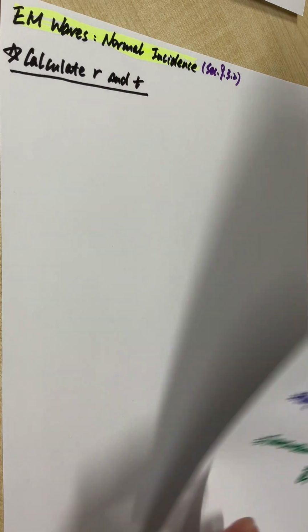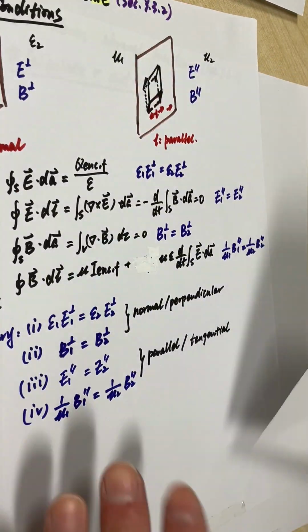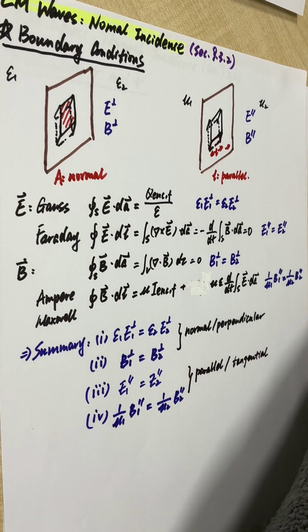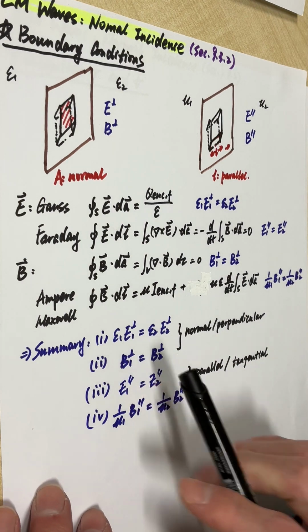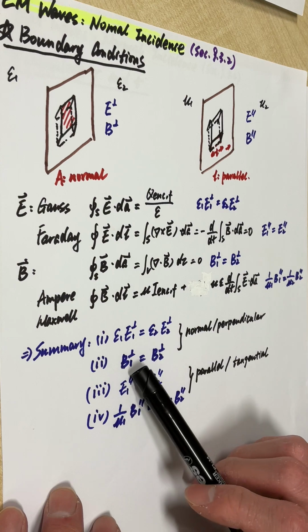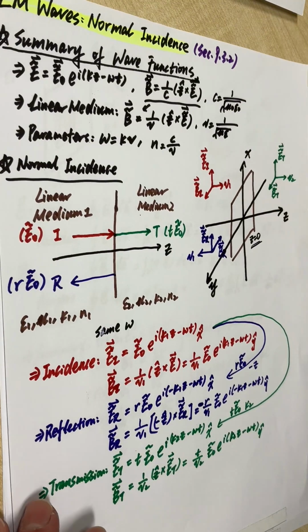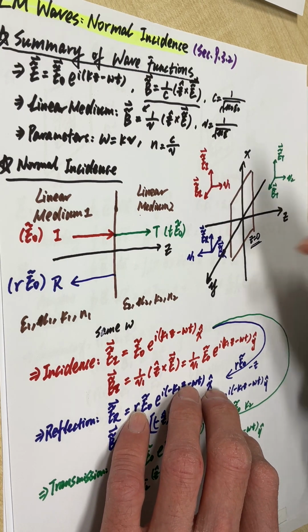So what we need to do is put these wave functions into the boundary conditions. Let's look at the first boundary condition, which is the normal component of E equal to each other, and the second is the normal component of B equal to each other. What we have here is the E field and B field on both sides.